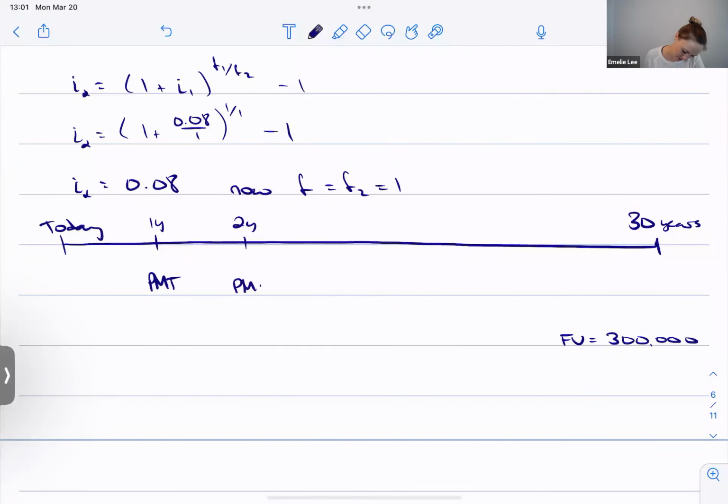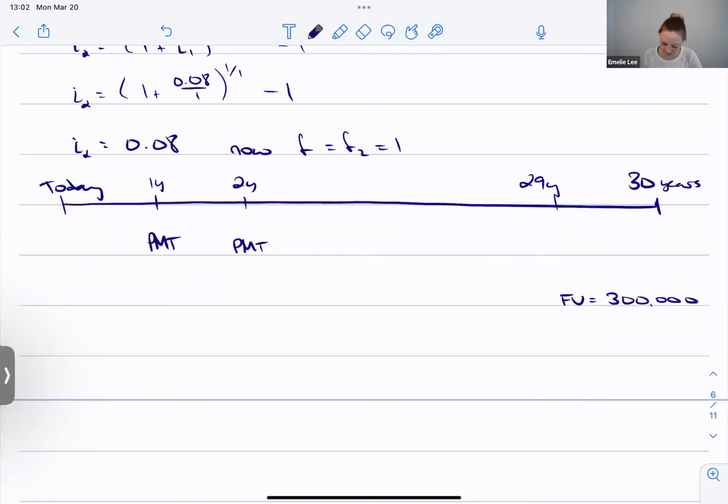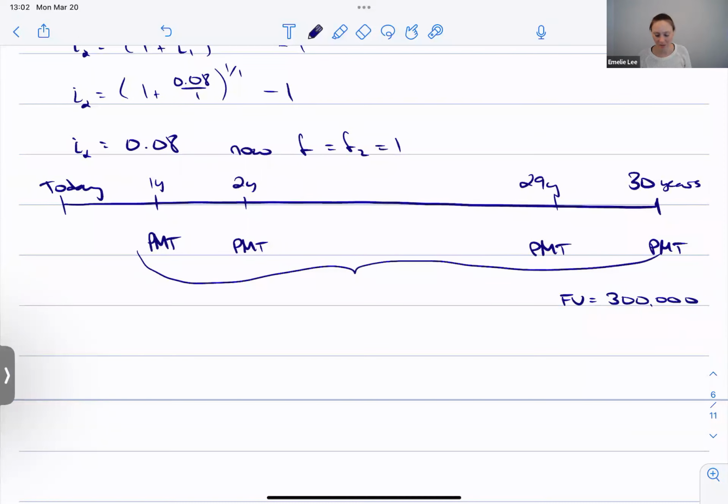After 2 years, you make some payment amount. At 29 years, you're getting pretty excited. You're making your second to last payment. And then you do make that final payment at the 30-year mark, because they're year-end payments. But these are all going to funnel into a future value of 300,000. Now, N is time times F2, which is 30 times 1, which is 30.